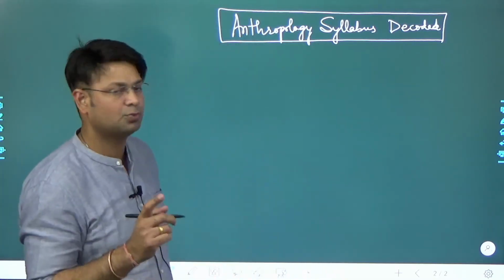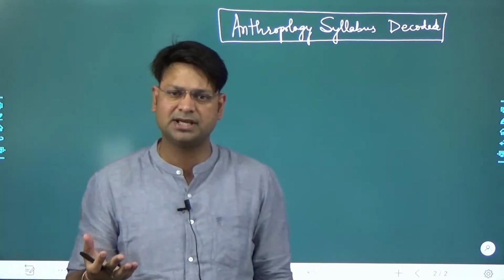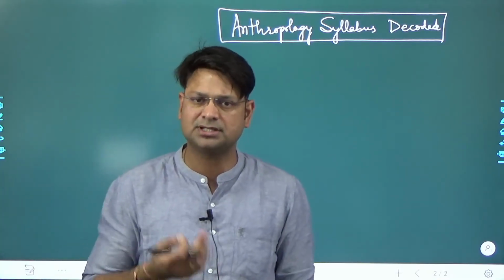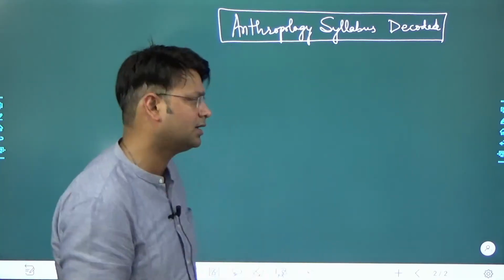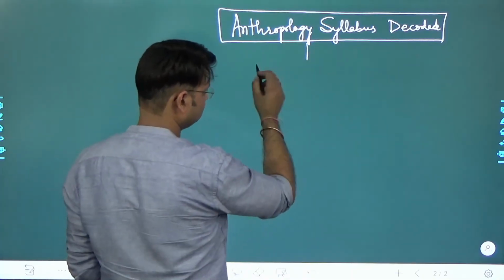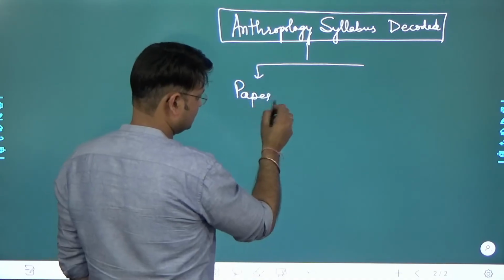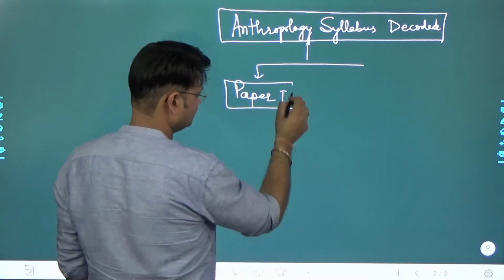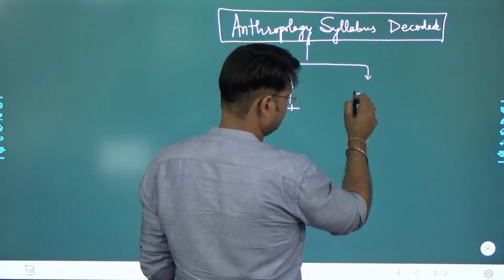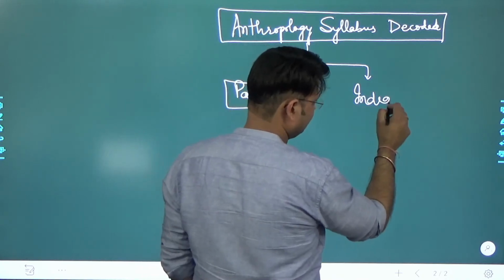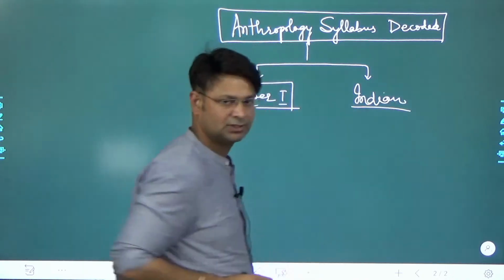So first and foremost, as with every other subject, the anthropology optional syllabus is divided into two papers, paper 1 and paper 2. Paper 1 is basically general anthropology and paper 2 is mainly Indian anthropology, you can say, right?